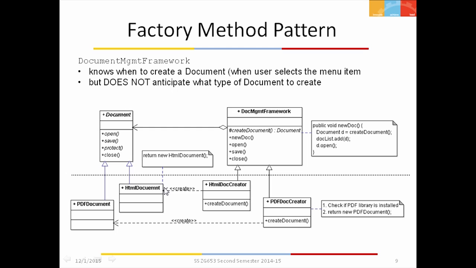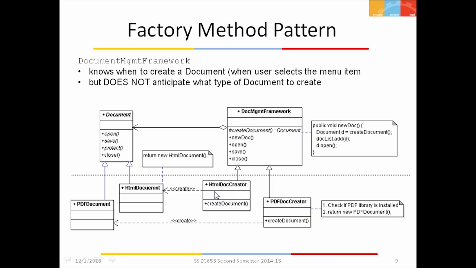This is a concrete class that inherits from this document object, and it basically returns a new HTML document. If someone does new HTML document, then what is created is basically an HTML document.